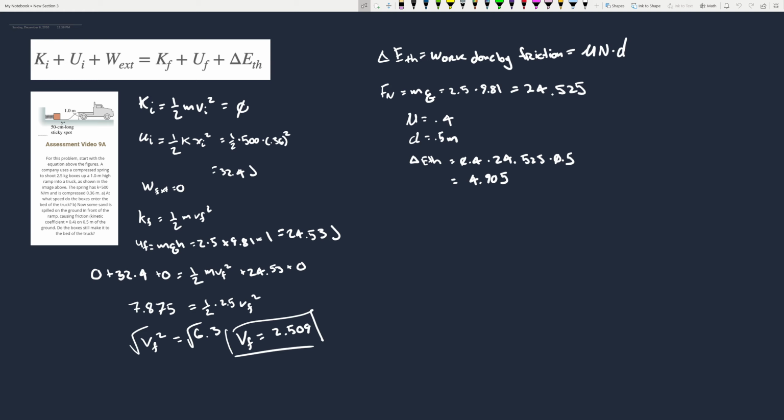So we can use the same conservation of energy equation, just plugging in an extra value.